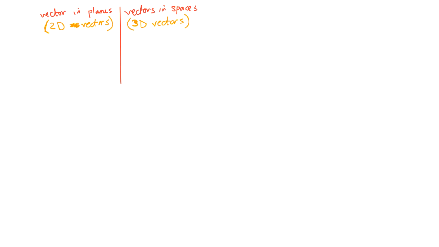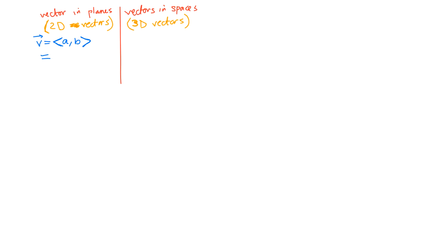Since we are talking about 2D and 3D, it's easy to guess that the vectors in planes have two components, whereas vectors in space have three components. For vectors in planes, we use this notation: either we write V as (a, b) in the vector bracket, or we use i and j.